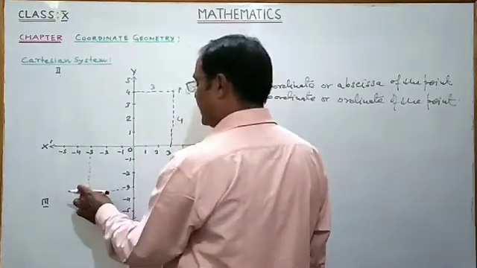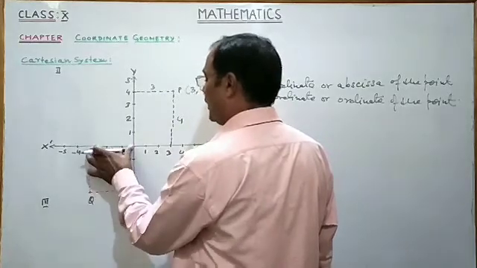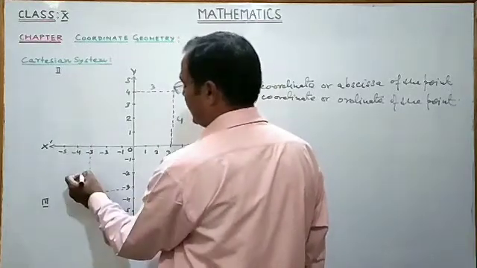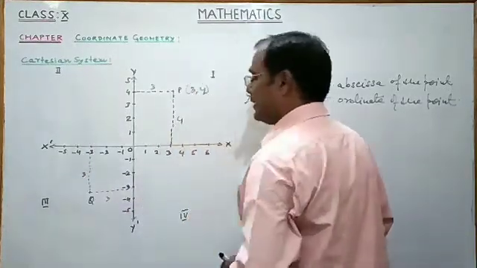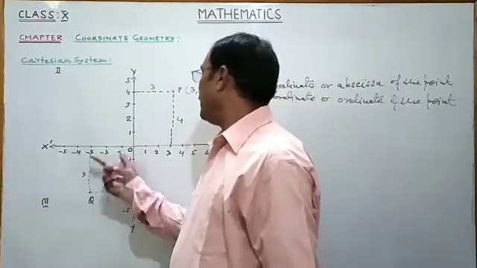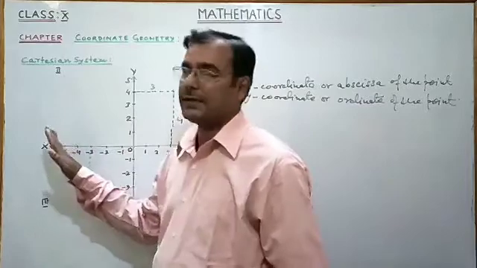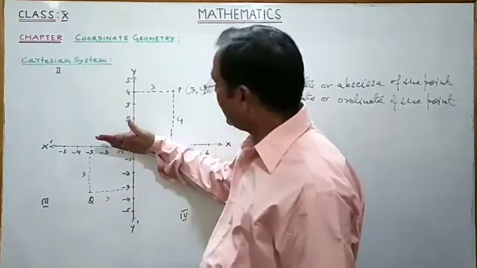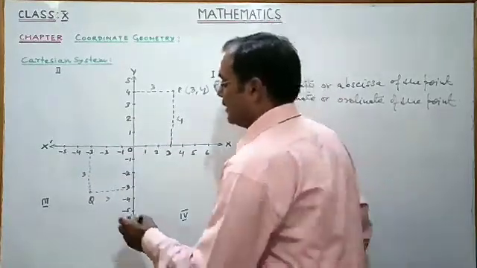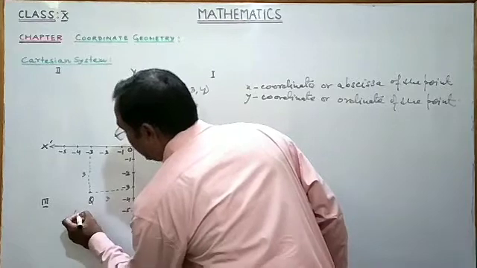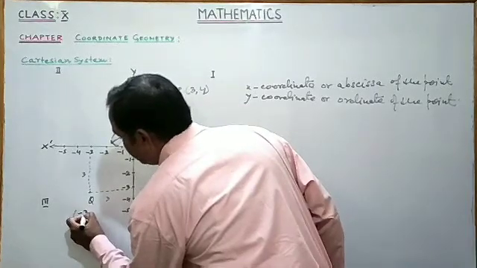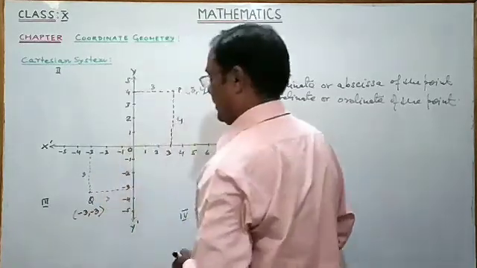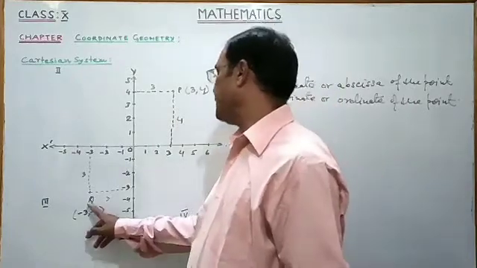The distance of this point Q on the x-axis is 3 units and also on the y-axis is 3 units. But the distance of point Q on the x-axis is on the negative side of the x-axis, and the distance of 3 units is on the negative side of the y-axis. So that's why the ordered pair of numbers (-3, -3) are the coordinates of this point Q.